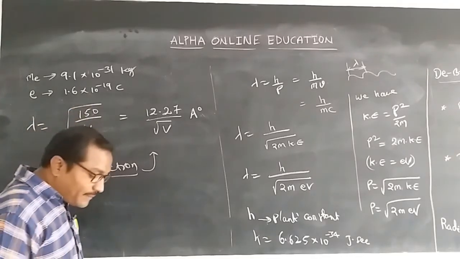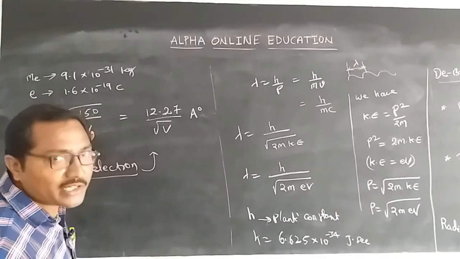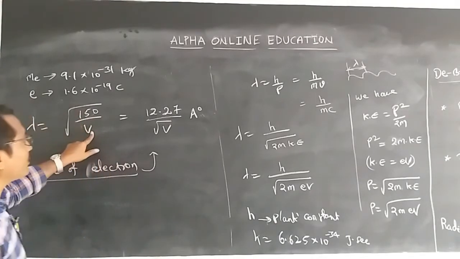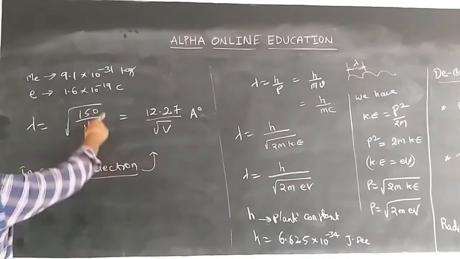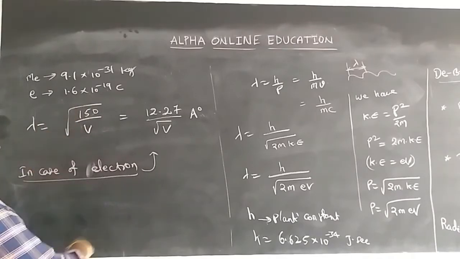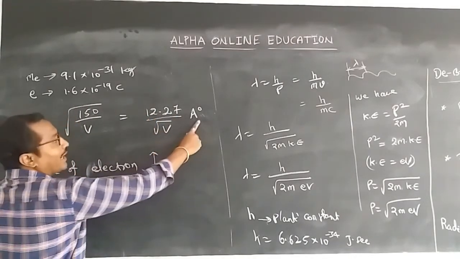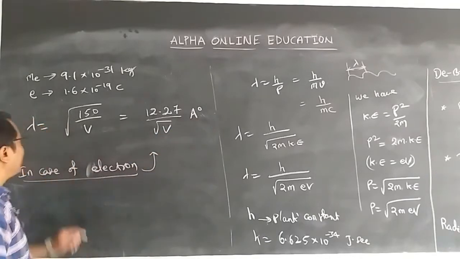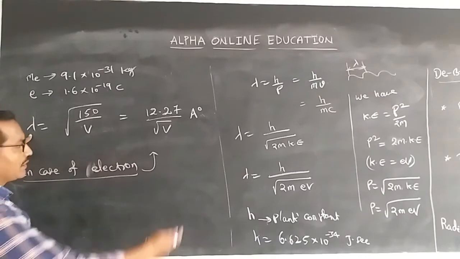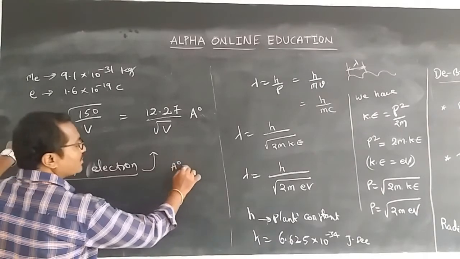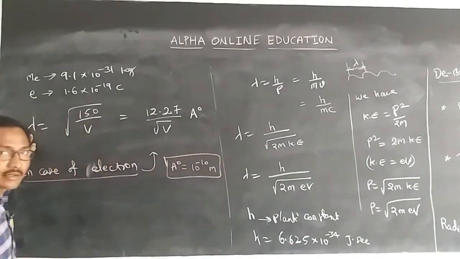We are not giving a value for it because for different materials we have different potential values, so that is the variable and all the others are constants. If you want to simplify further, then it will be 12.27 divided by the square root of V angstroms. Okay, wavelength we always take in the form of angstroms. Otherwise, we know the value of the angstrom, that is 1 angstrom is equal to 10 to the power of minus 10 meters. Okay.